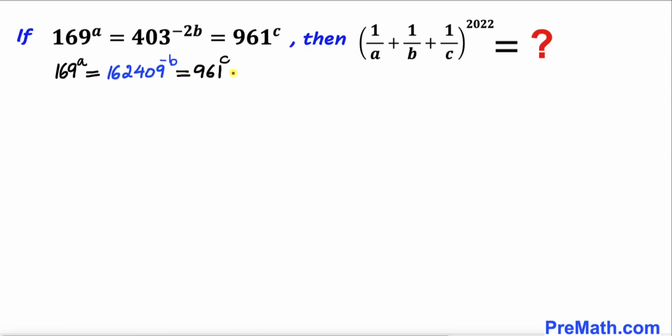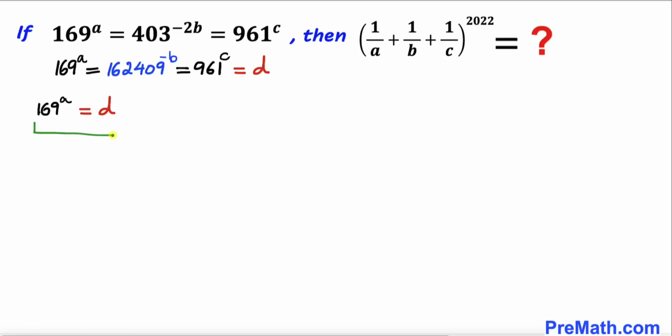Here's our next step. Let's equate all these expressions to some constant d. We equate the first part with d, the second part with d, and finally the third part with d as well.